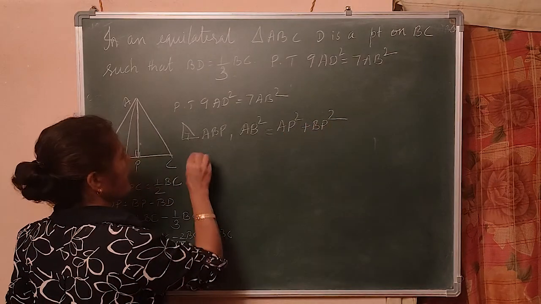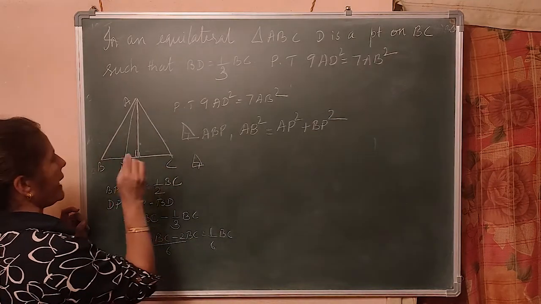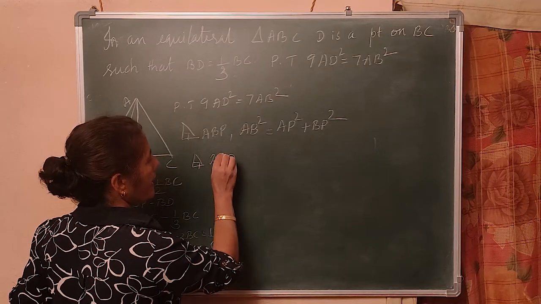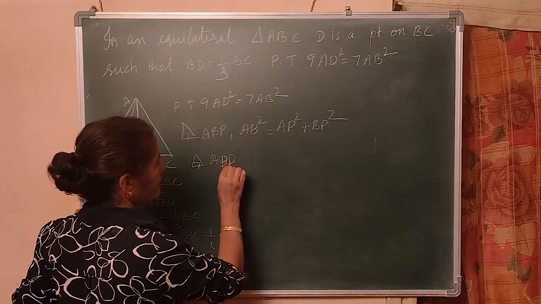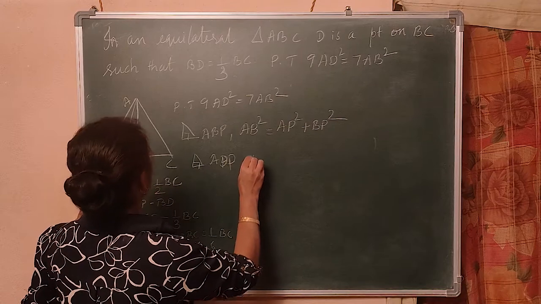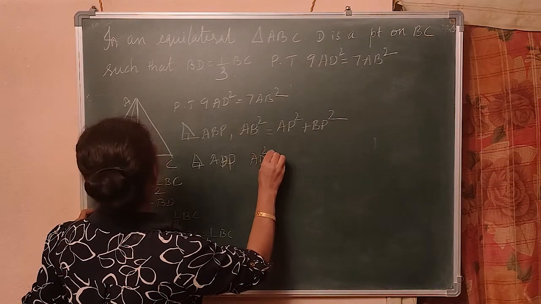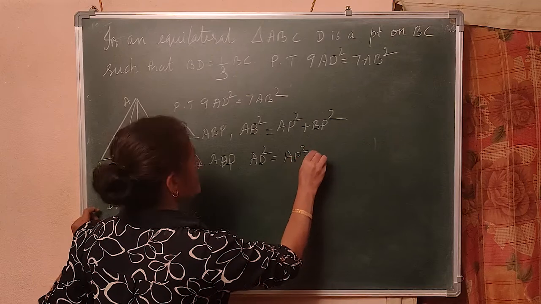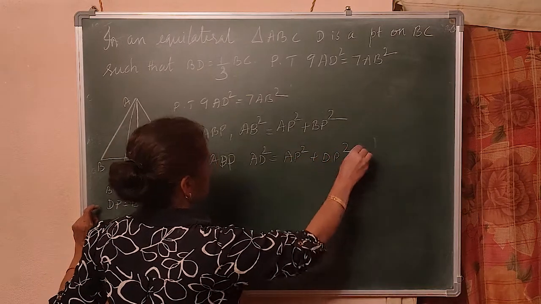Another one, in right angle triangle ADP, AD square is equal to AP square plus DP square.